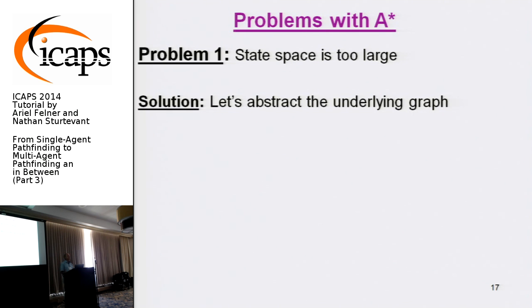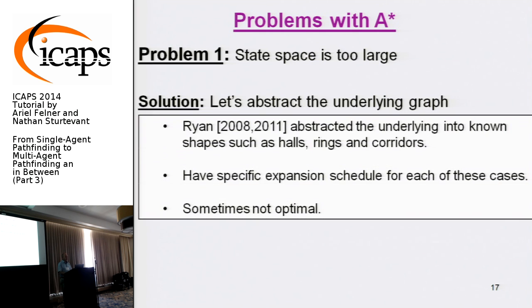The problem with A*, okay? The state space is too large. Sometimes the graph is very large. Let's abstract the underlying graph. So Ryan has done this. He abstracted the graph, and I'm talking not about the search space that the A* runs on, but the underlying graph into known shapes. This is very related to what Nathan said.